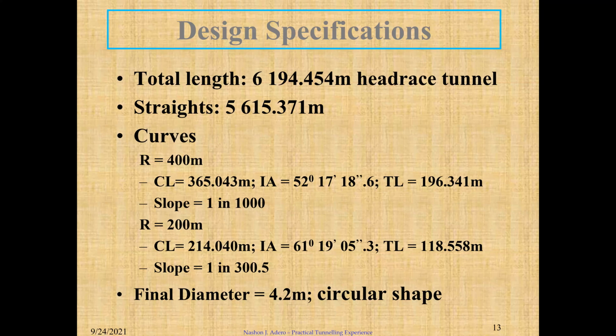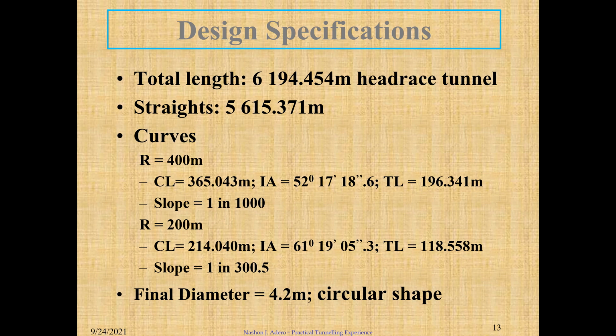So you interpret that one to mean dy over dx is equal to 1 over 1,000. So when you have a horizontal displacement of 1,000 meters, the vertical difference in height from the starting point is 1 meter. Or if you have a horizontal difference of 1,000 millimeters, the drop is 1 millimeter downstream.